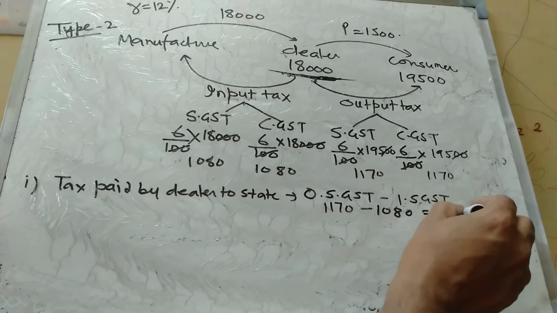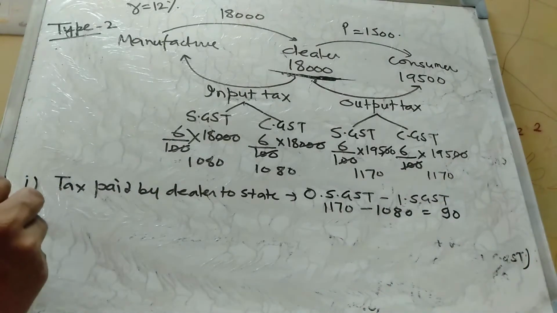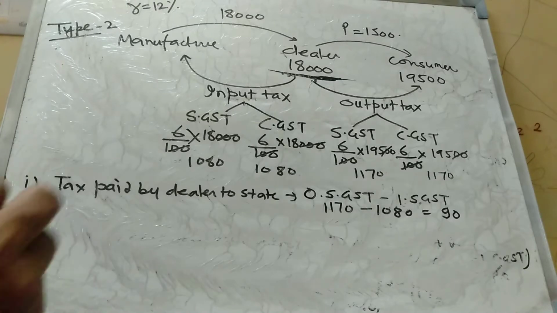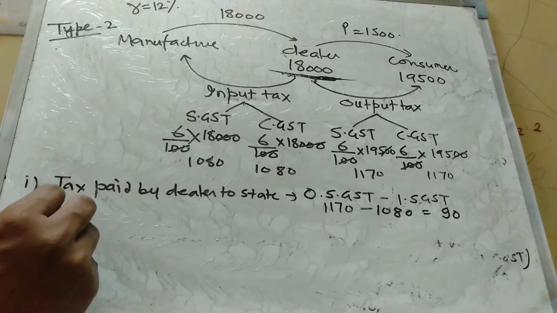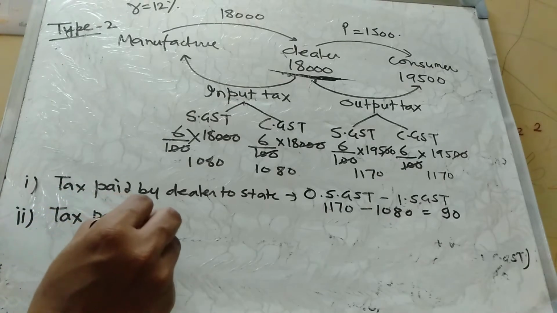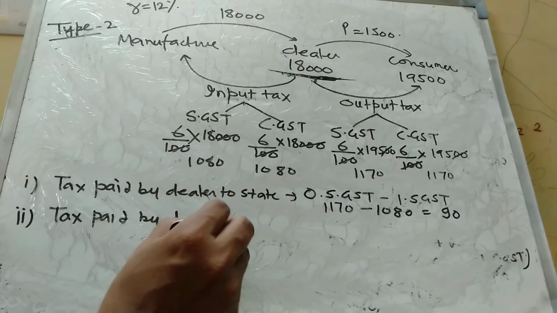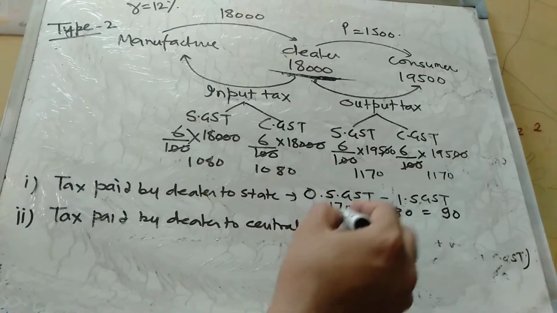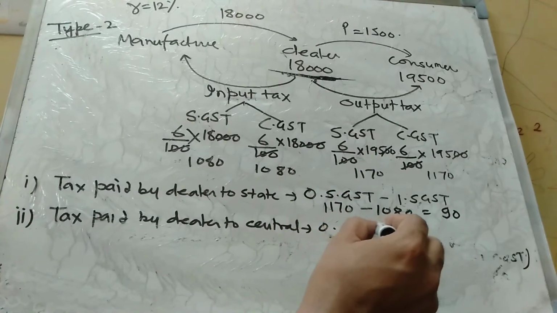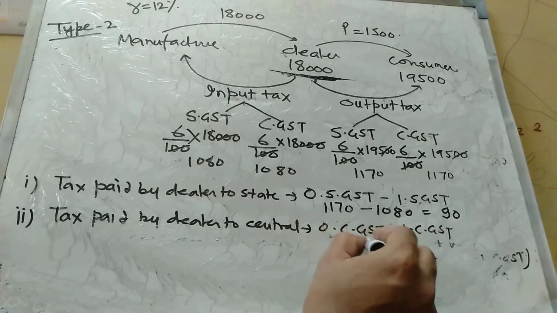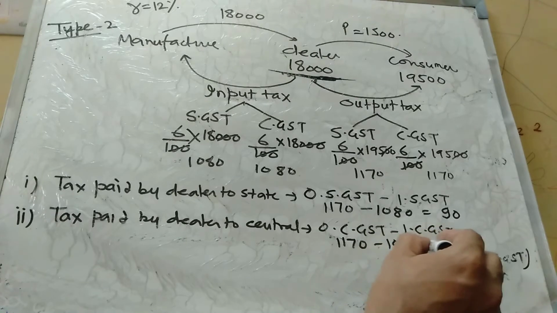So he will pay 90 rupees. In the second part we have to find the tax paid by the dealer to the central government. Same, output CGST minus input CGST, 1170 minus 1080, same 90.